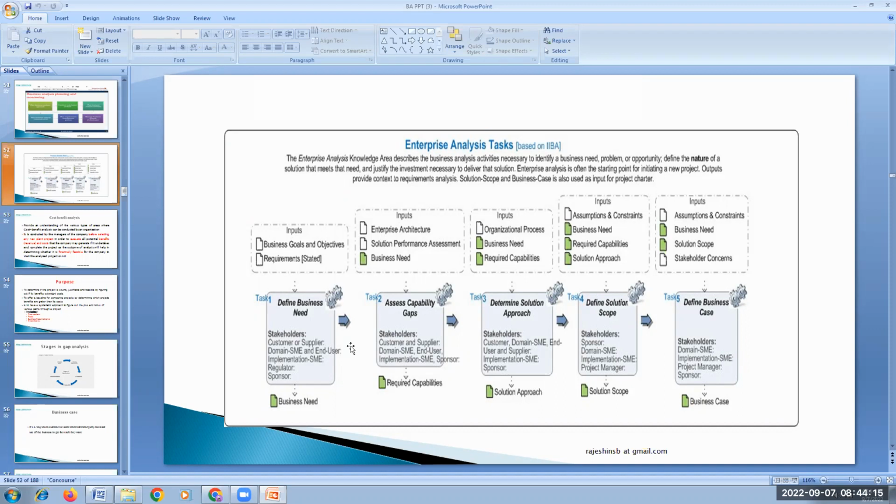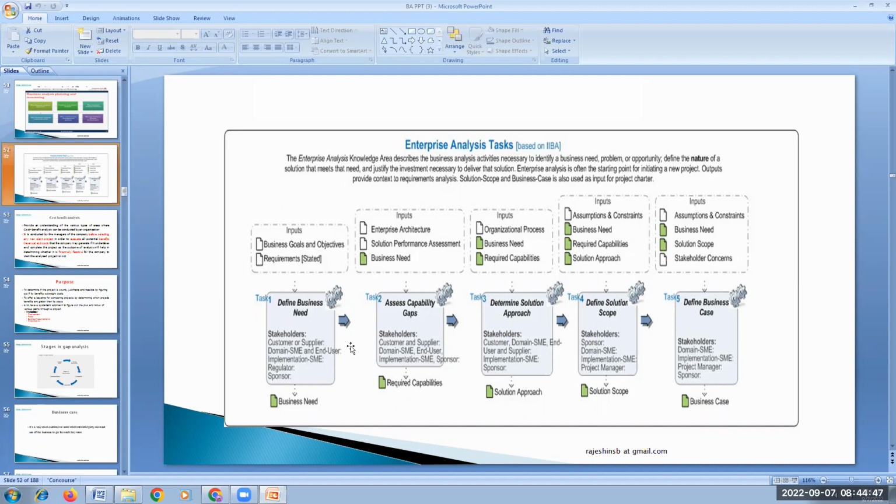The third case is about determining the solution approach. Here you need to determine what kind of solution is possible for the customer, because we have to see the organizational structure and process, as I already mentioned. Whenever we understand enterprise architecture, we come to know what organizational process we are required to understand.